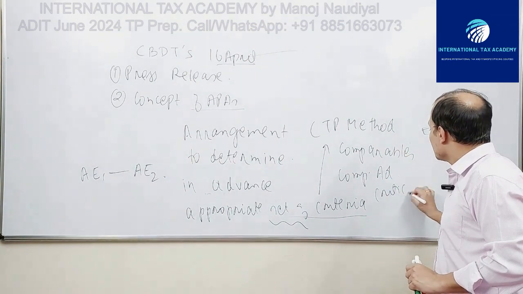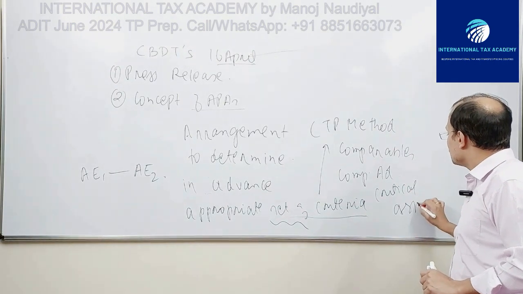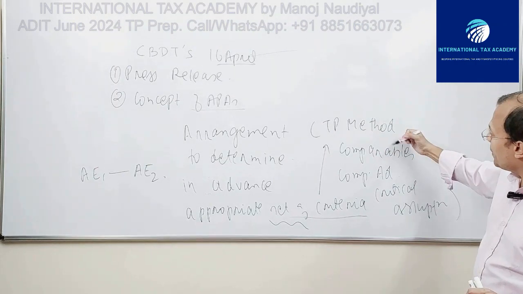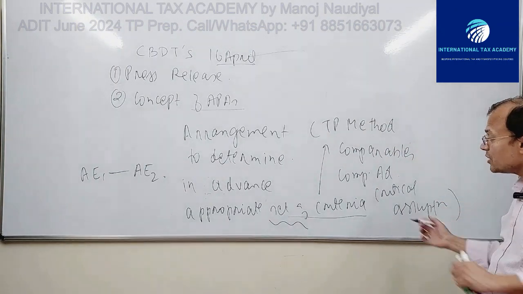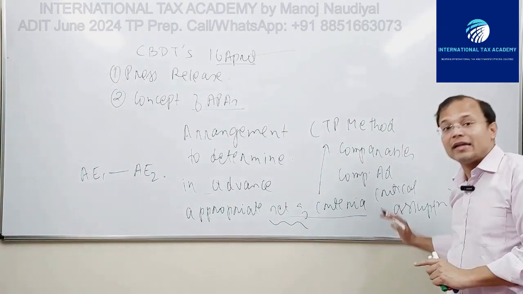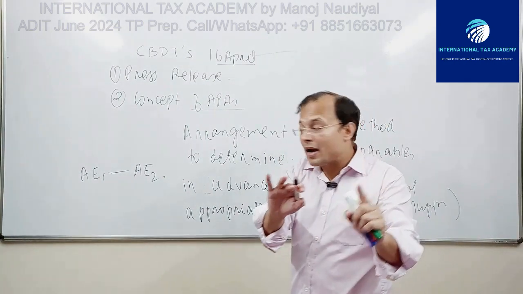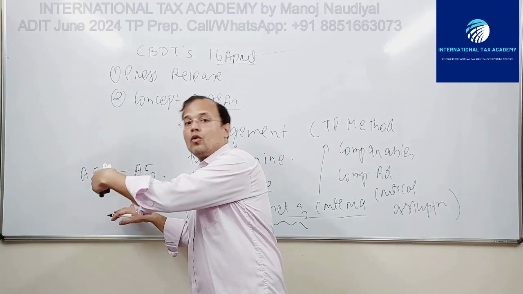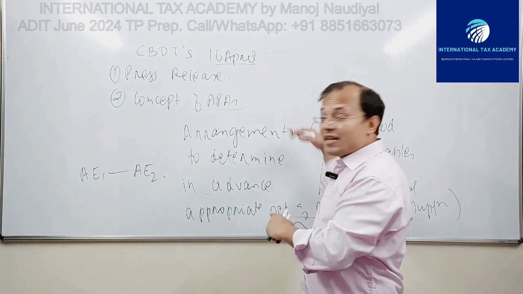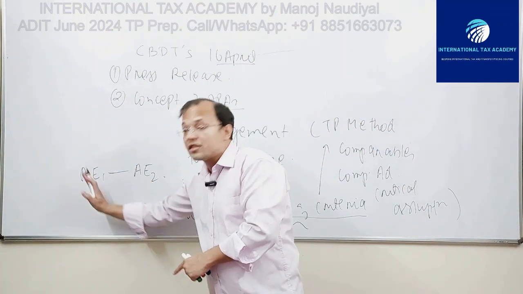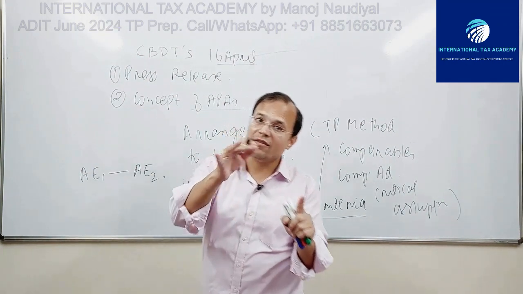So TP method, comparables, comparability adjustment and critical assumptions. This is this appropriate set of criteria, and this appropriate set of criteria will be used to determine the transfer price for this control transaction. And this is determined in advance of this control transaction. That is why it is known as advanced pricing arrangement.